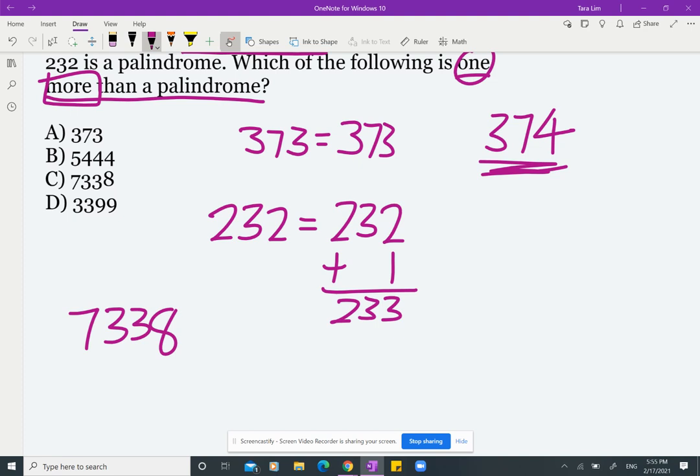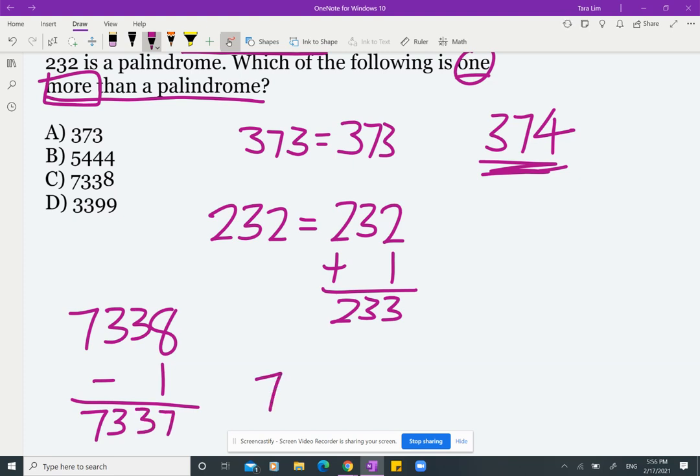So if we want to calculate the original one, because this is the original one, and this is the one more than a palindrome, to go back to the original one, we can minus 1. So that gives us 7337.